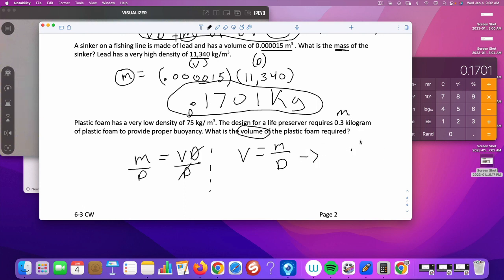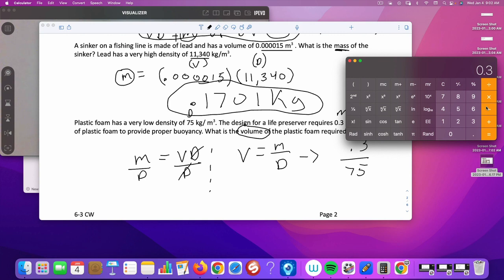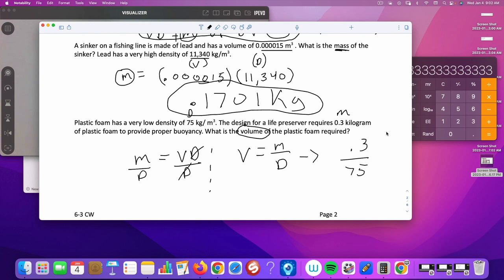Mass is 0.3, density is 75, and your volume for this life vest has to be 0.013 repeating. They have kilograms and kilograms per meter squared.